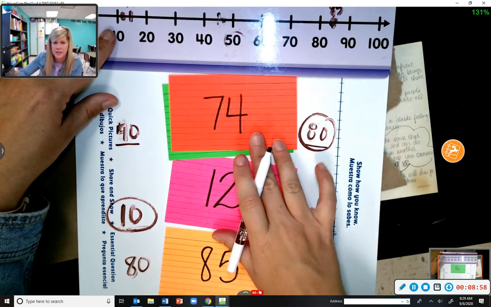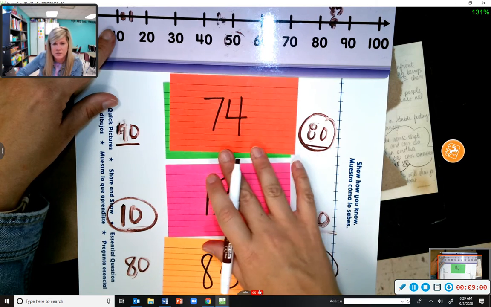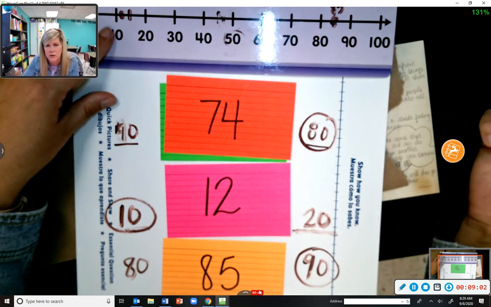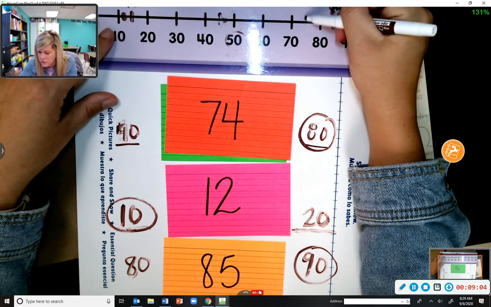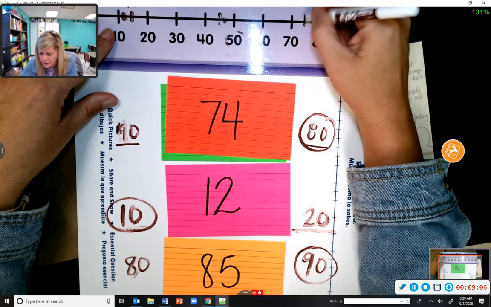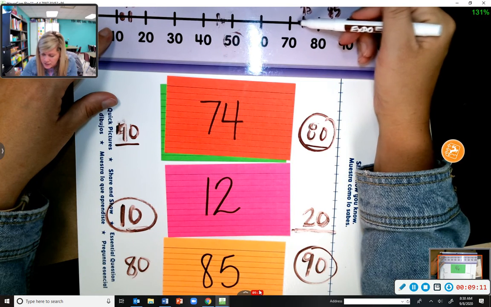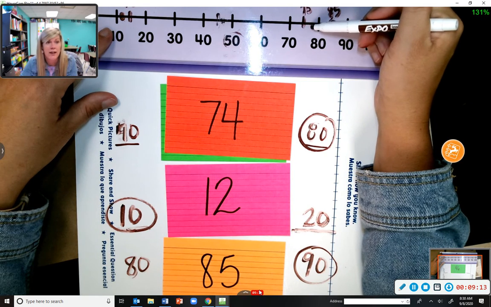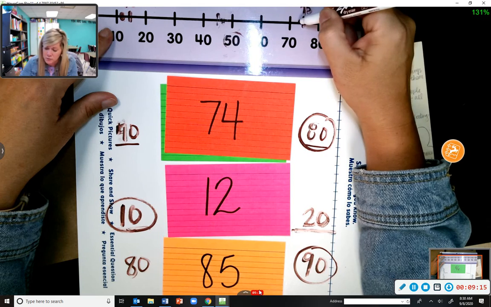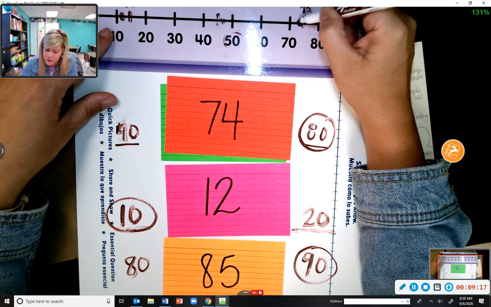Okay, now we figured out what two tens it's between. We want to plot it on our number line. Remember, the middle would be 75. So now I need to decide, is it going to be over here on the left or over on the right? It should be right here before 75.